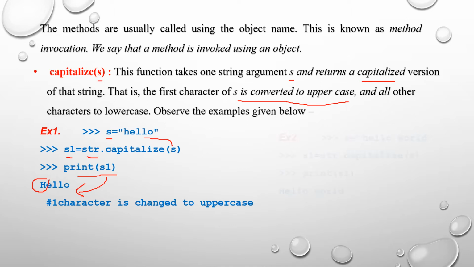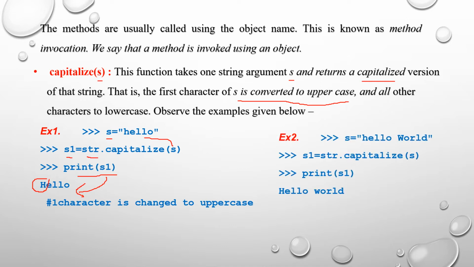Let's consider one more example. So s is equal to hello World. Here h is a small letter and W is a capital letter. So s1 is str.capitalize(s). After that we are going to print s1. So it will print Hello world.